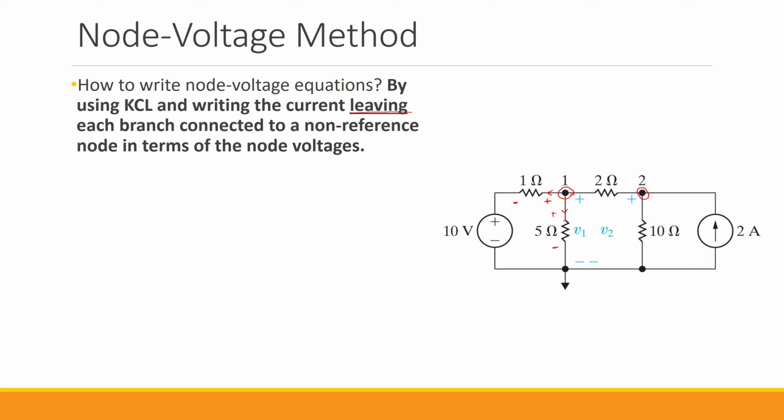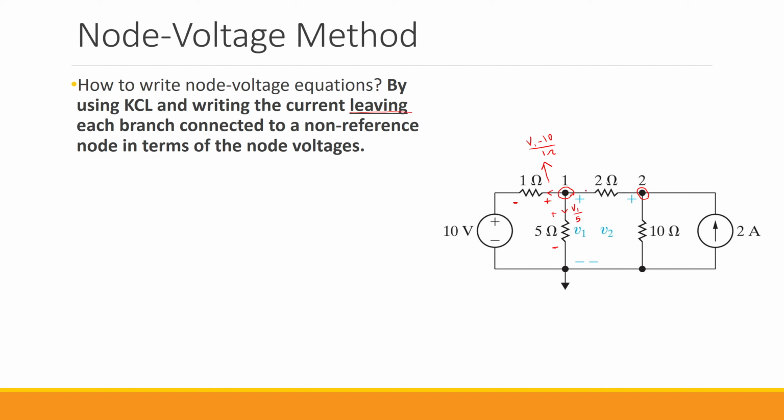Or you can think of it as V1 minus 0 divided by 5. Both of them result in the same thing. So the current that goes here is V1 minus 10 over 1 ohm. The current that goes through this resistor is V1 over 5.